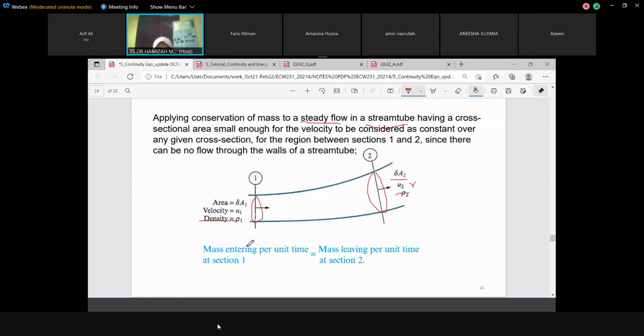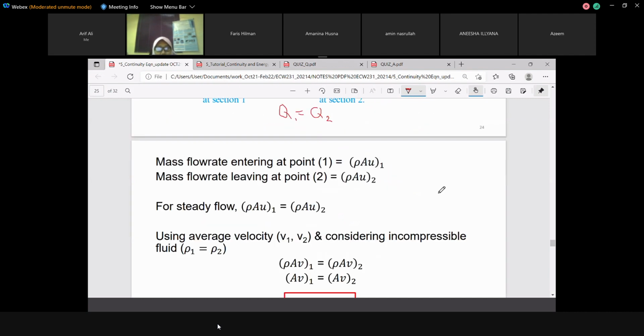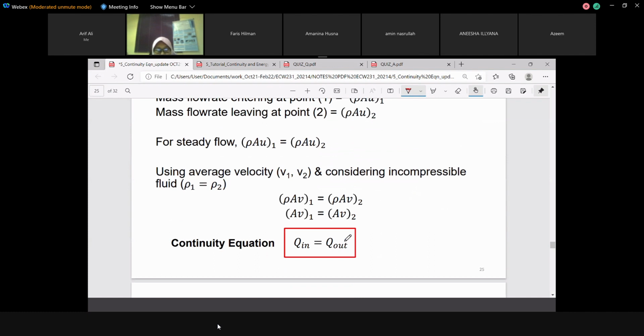So mass entering per unit time, which is Q, is equal to U2. Okay, so we get the continuity equation as Q in equals to Q out, where the density can be cancelled.